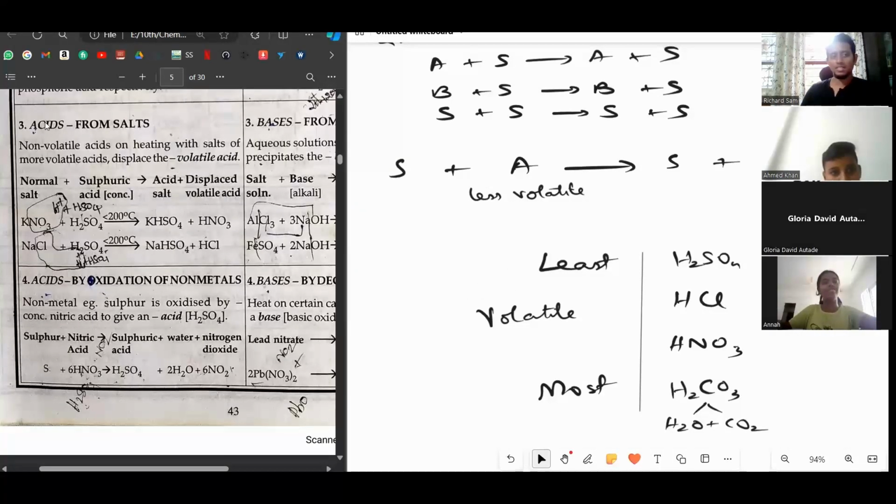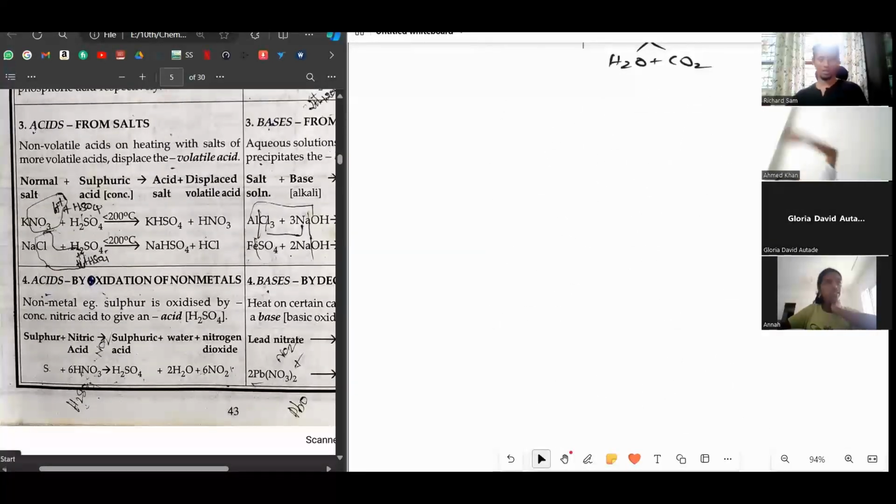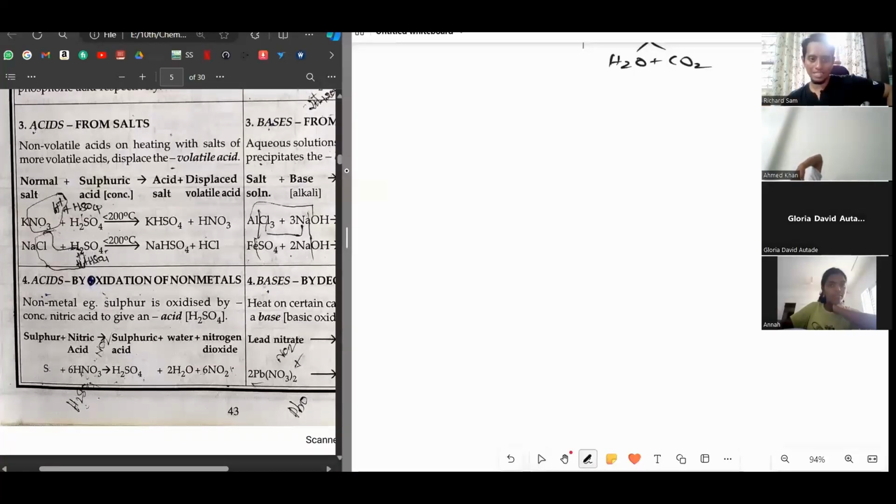So these reactions here, that is acids from salts. Okay, we have seen that we can use sulfuric acid to make both the acids, nitric acid and HCl. Okay. So let's write down this reaction. So the salt we're using is either KNO3 or we can use NaNO3.